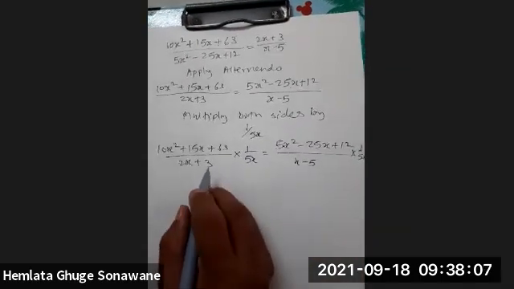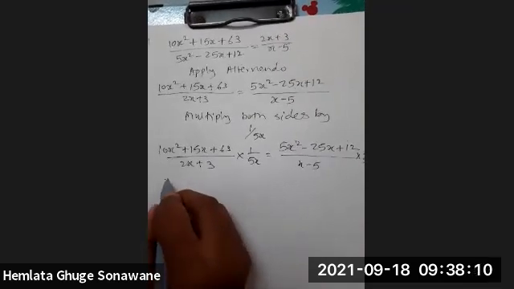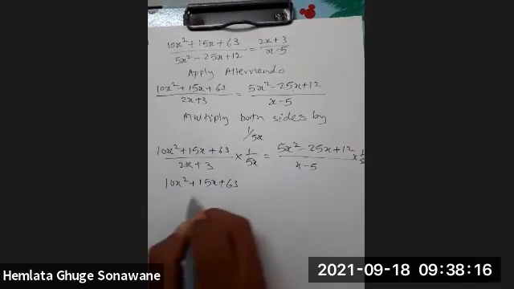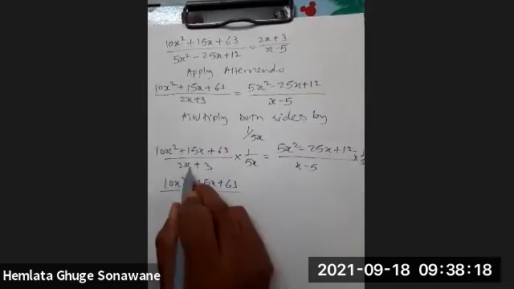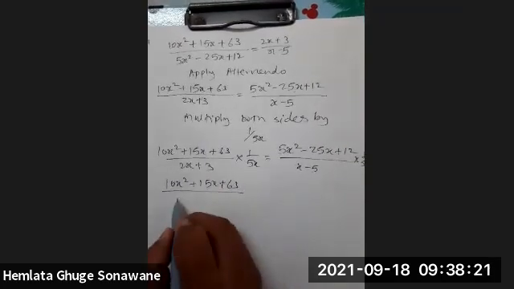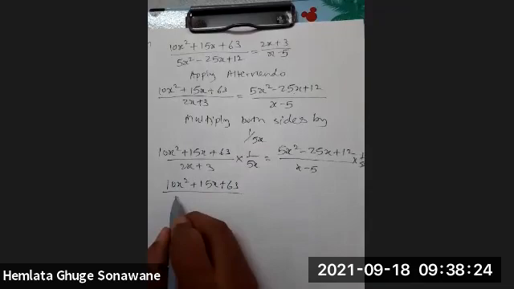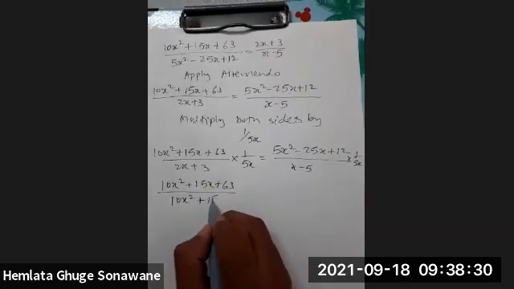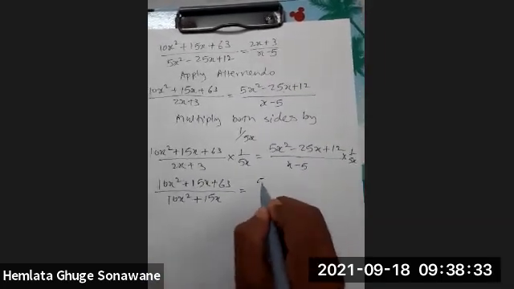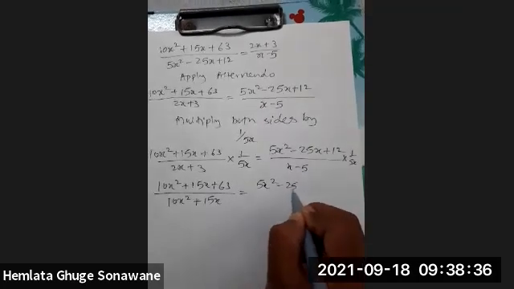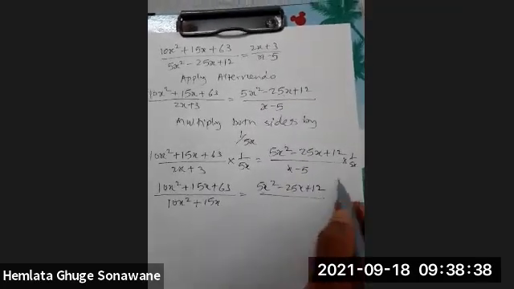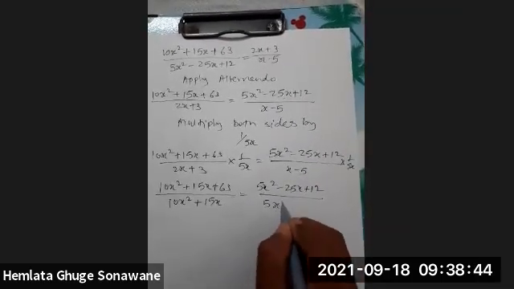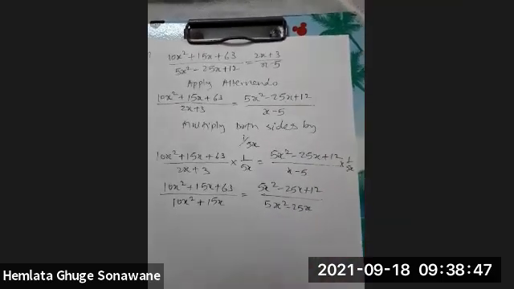So it becomes 10x square plus 15x plus 63 upon, we multiply this with 5x, so it becomes 5x into 2x, 10x square, plus 5x into 3, 15x, is equal to 5x square minus 25x plus 12 upon x minus 5 multiplied by 5x. So it becomes 5x square minus 25x.